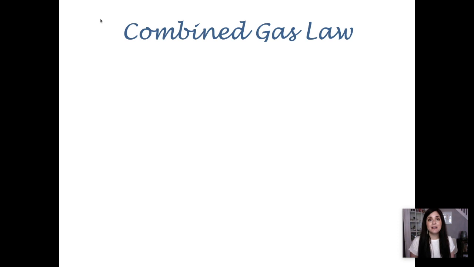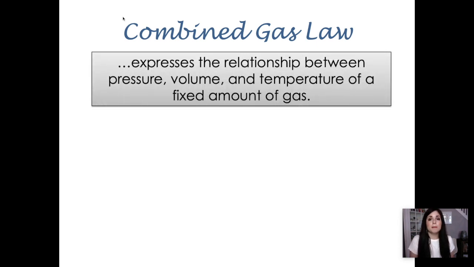So it might sound like this equation is really complex when in fact, it's literally every one of those equations put together. So the combined gas law expresses the relationship between pressure, volume, and temperature of a fixed amount of a gas. So the fixed amount just means that the number of moles is not changing.